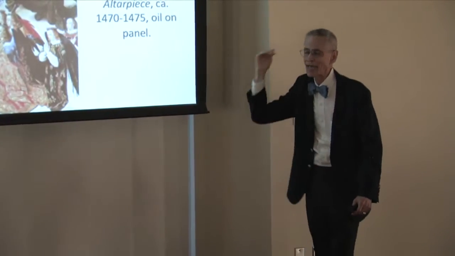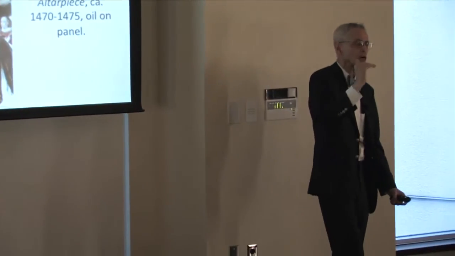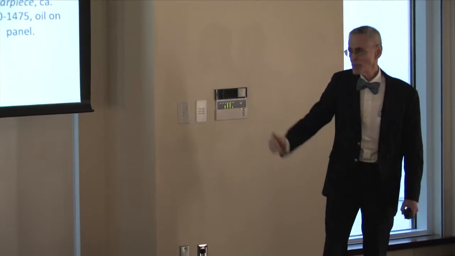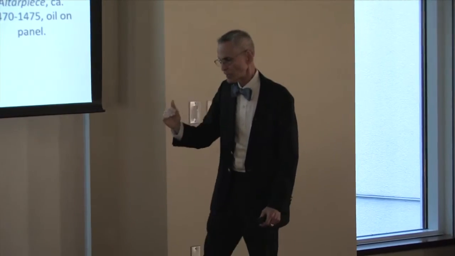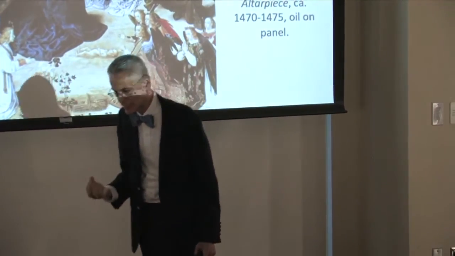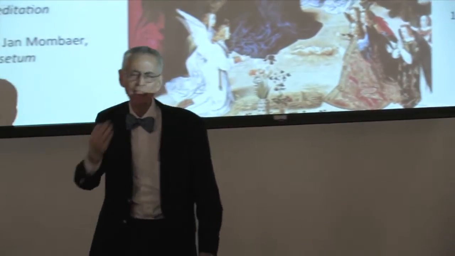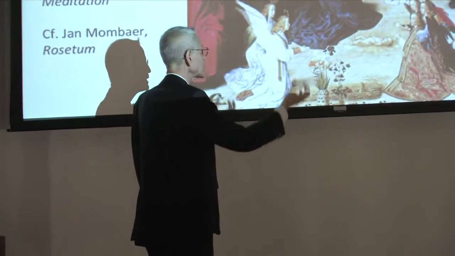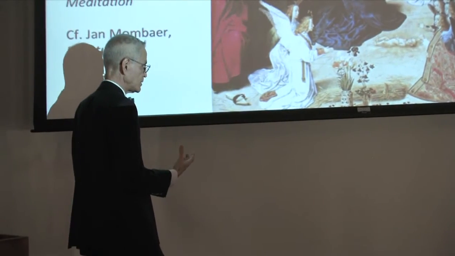And what Groote and Mombar argue is that prophecies of the Old Testament are like material images. And these material images prepare us for the less mediated presence, which is an intensely spiritual presence of God in Christ in the New Testament.